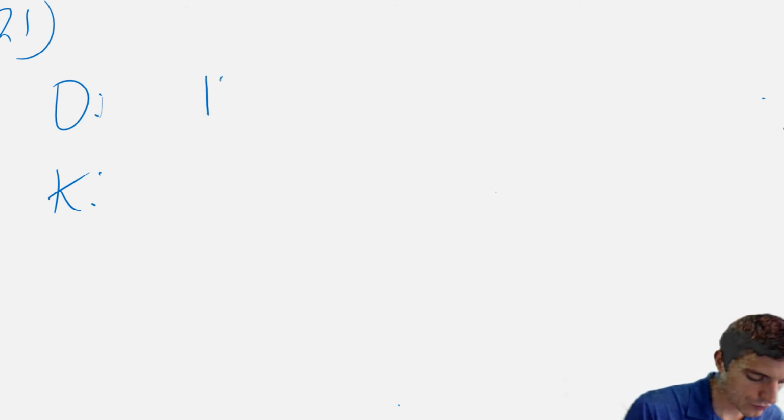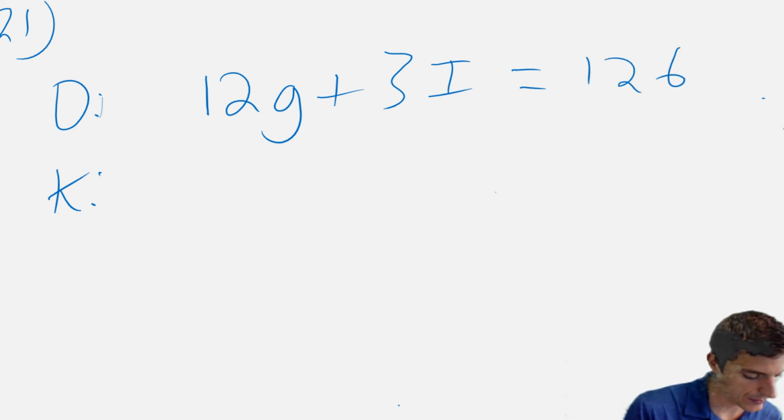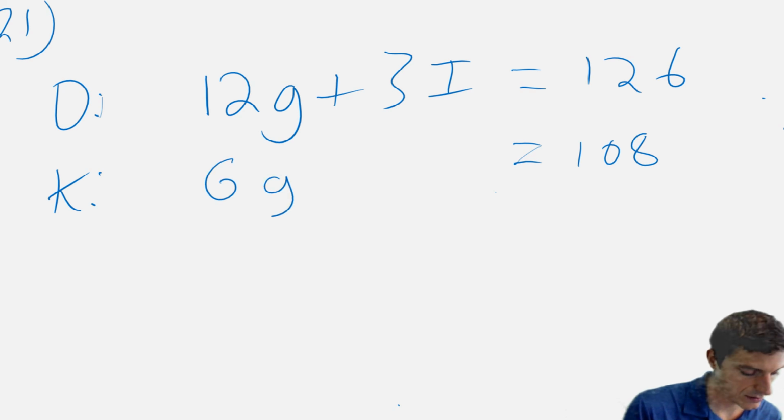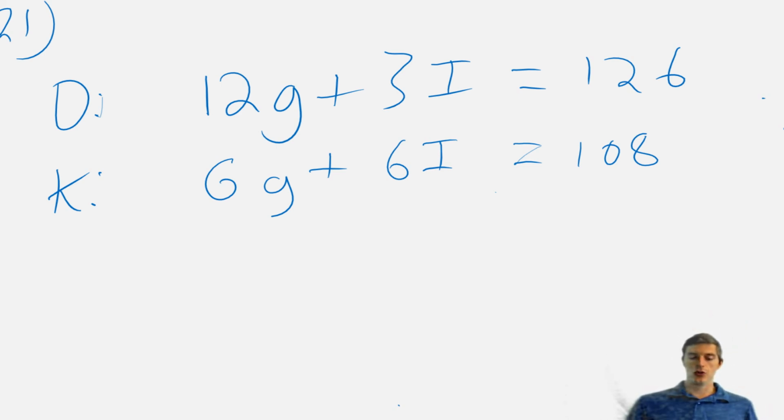He got 12 square feet of grass, and he got 3 pots of ivy, right? And he got that for a total of $126. Well, Kim spent $108, and she did 6 things of grass and 6 things of ivy. So this is how you set up the two equations.